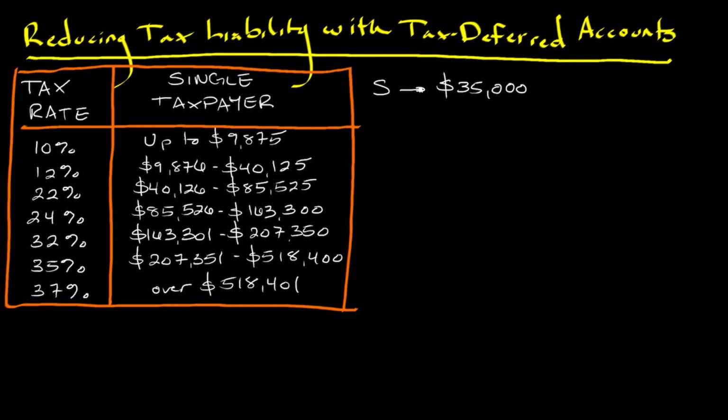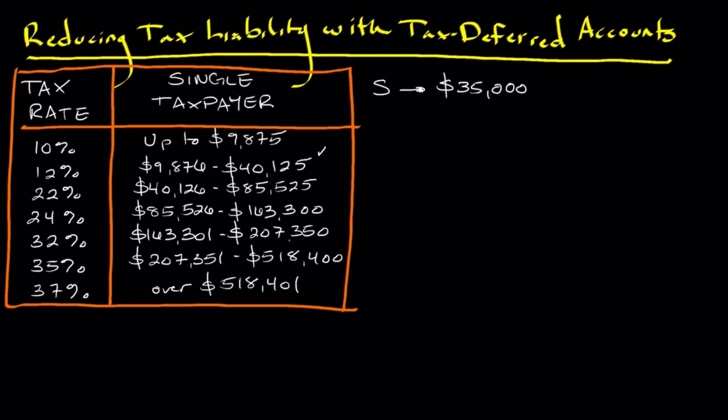So in the first row, this income is taxed at 10%. So anything up to $9,875 is taxed at 10%. Everything in excess of that, but not to exceed $40,125, is taxed at 12%, so on and so forth. So we're only paying that percentage of taxes for income that falls into that range.